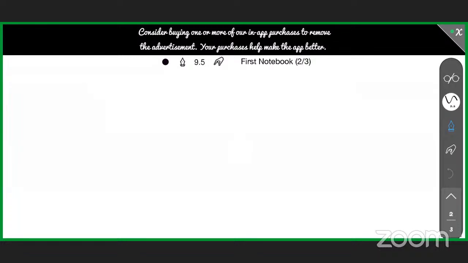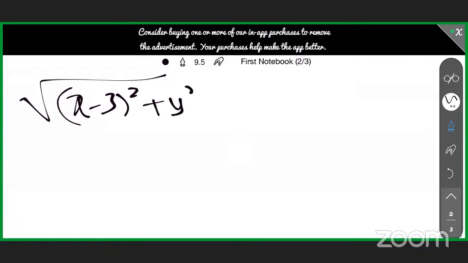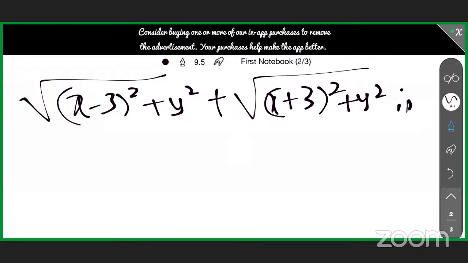The first question is: the locus of the point which satisfies the equation root of (x minus 3) whole square plus y square, plus root of (x plus 3) whole square plus y square, is dash. We have to find this one.